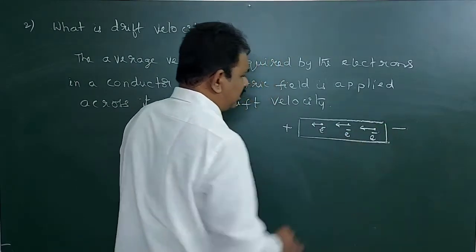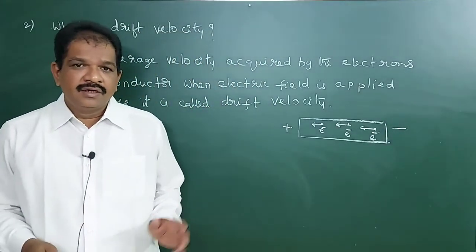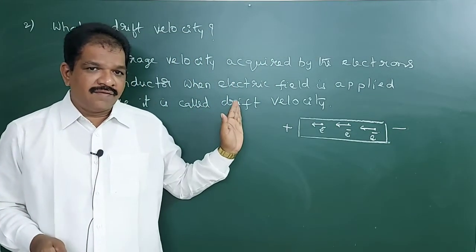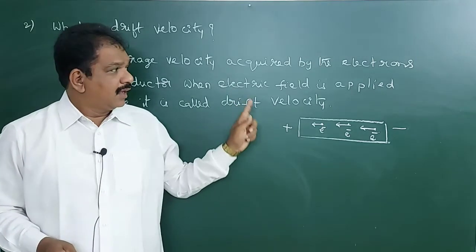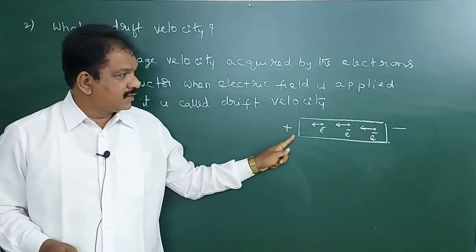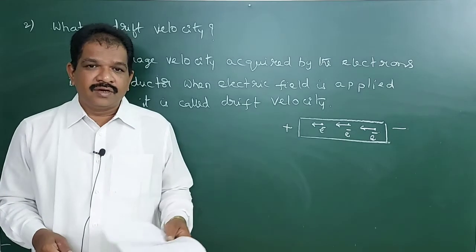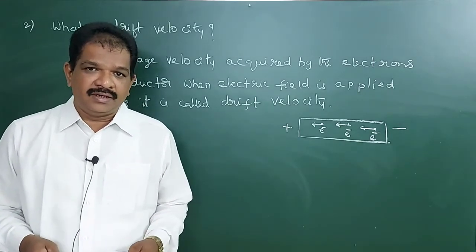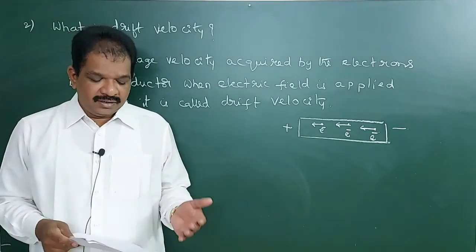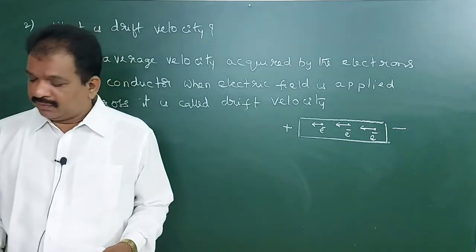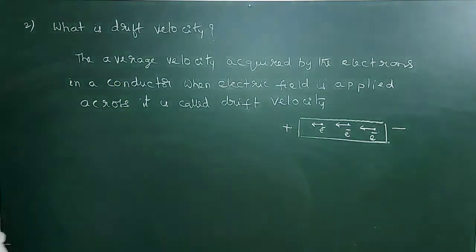That velocity will be called the drift velocity. The average velocity acquired by the electrons in a conductor when electric field is applied across it will be called the drift velocity.